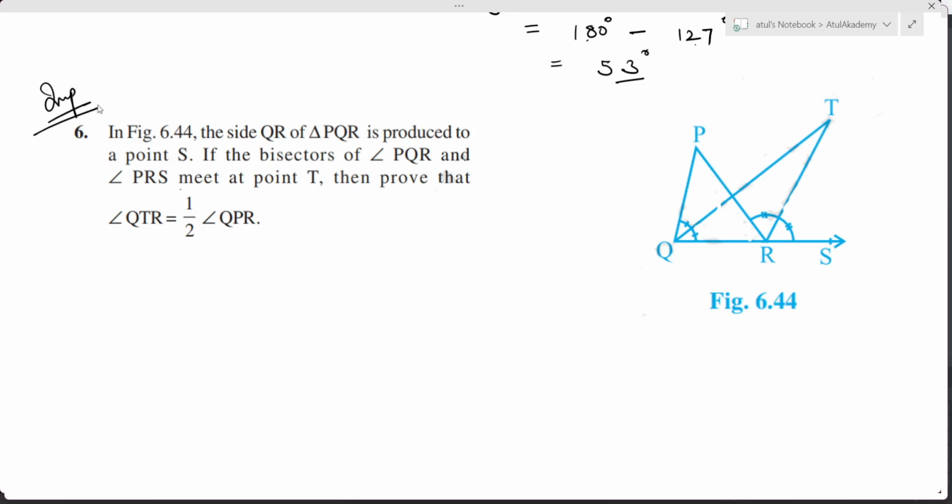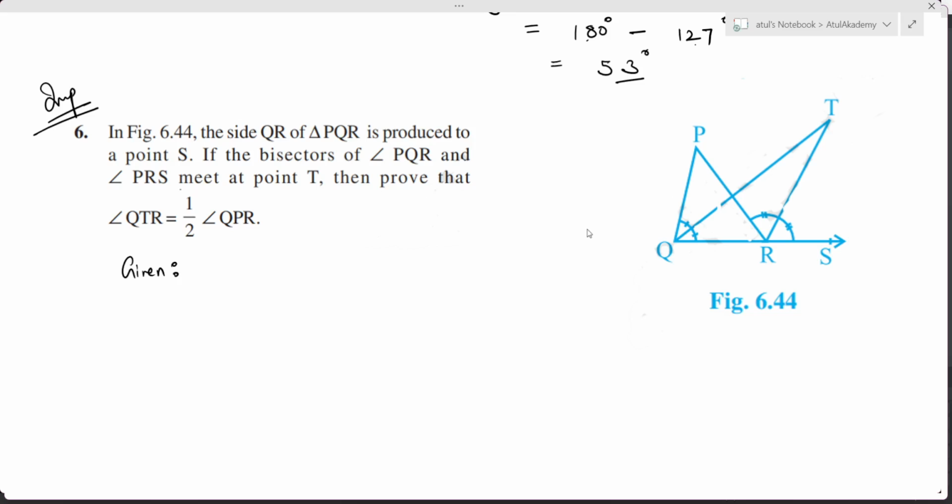Because here you don't have to find any angle, you have to prove something. So proving questions are very important. Whenever you have questions which have figures and proving, draw the figure and write what is given to you. So let's see what is given to us in this question.